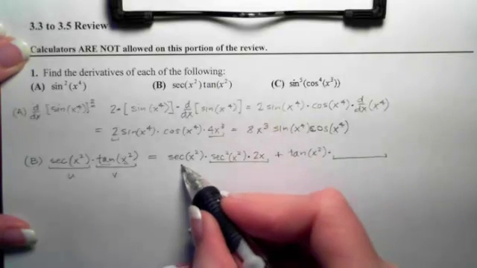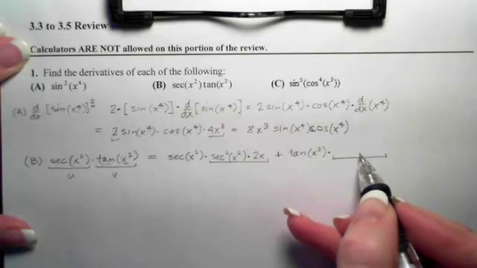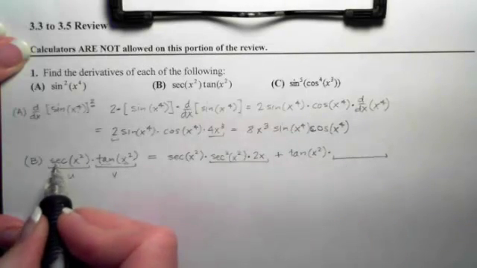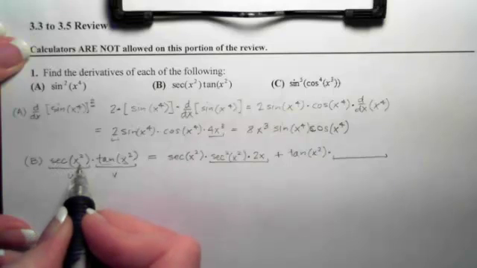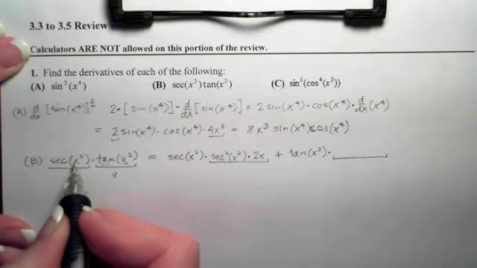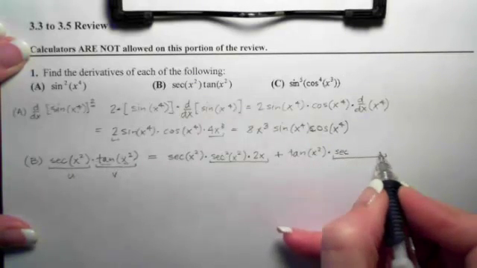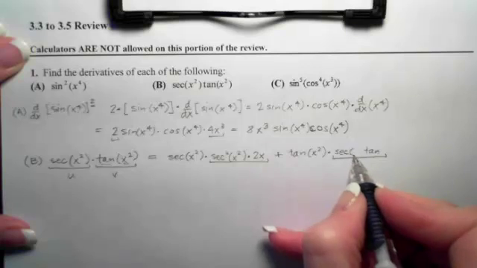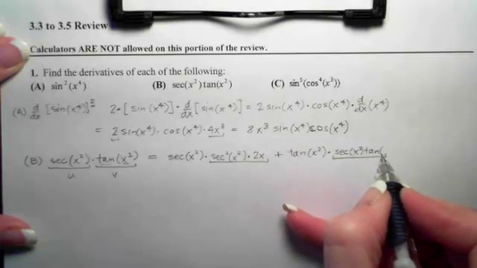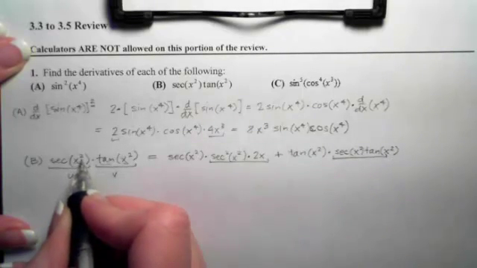Over here, I had the first times the derivative of the second plus the second times the derivative of the first. So that means I need the derivative of this secant of x squared. Again, I'm going to have to do the chain rule, and I can see I've got a secant that I will hit first, and then an x squared that I will hit second. So the derivative rule for secant is secant tangent of the inside unchanged. So that means inside the secant and the tangent, I'm going to have that x squared.